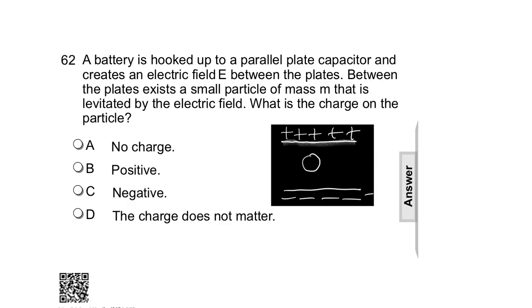Okay, they could have drawn a picture here. So I just did. So we have a small particle of mass m. The mass is significant. So we would have a weight vector downwards, which equals mg.